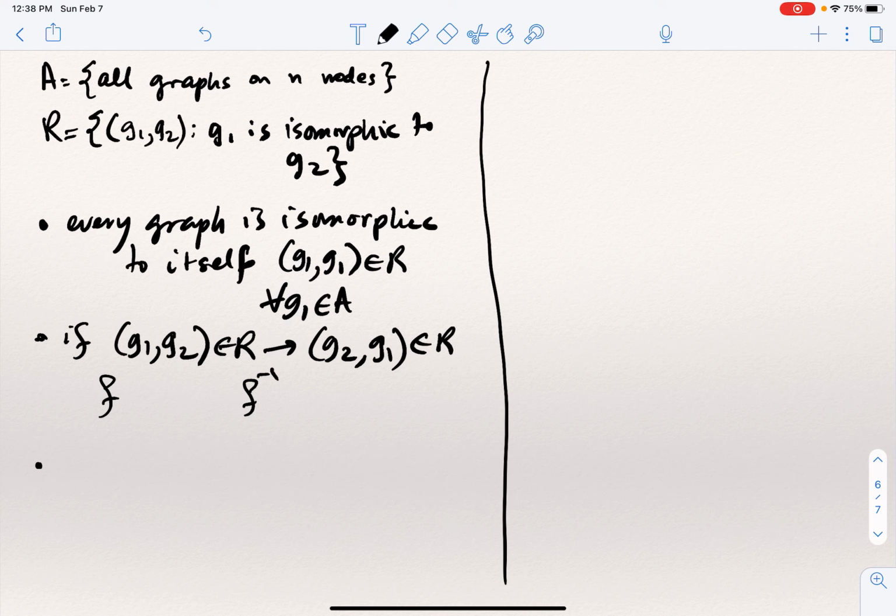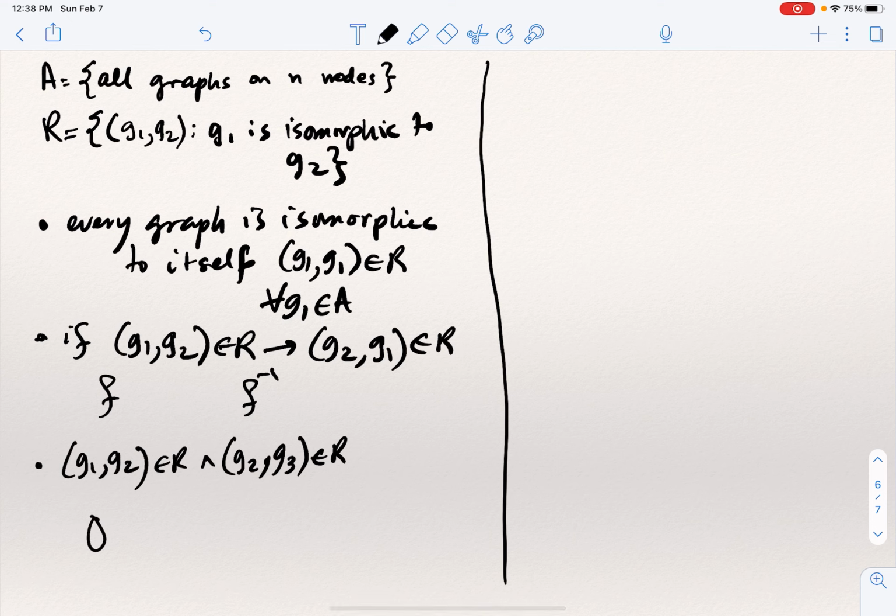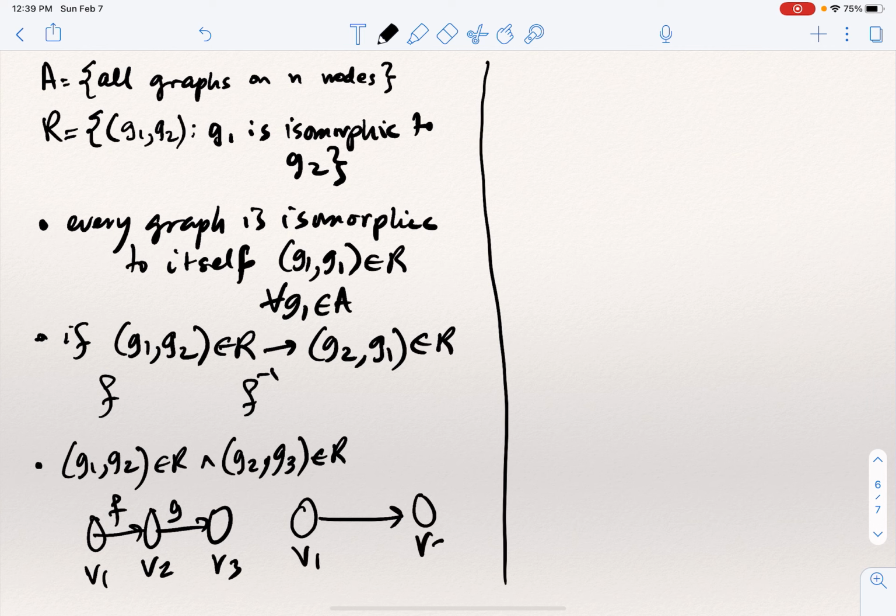The third point is that if (G1, G2) is in the relation and (G2, G3) is in the relation, what is this saying? These are the sets of nodes. I have a bijection f from V1 to V2, and a bijection g from V2 to V3. Do I have a bijection from V1 to V3? The answer is yes, and it is the composition.